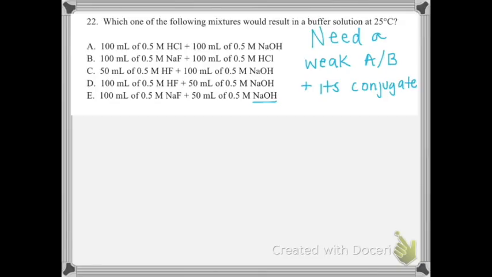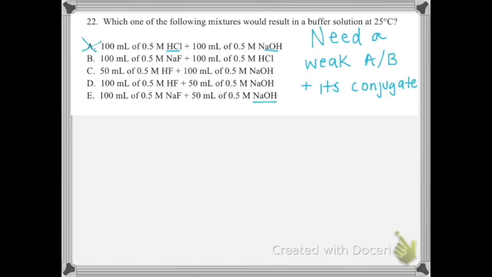For the first solution, we have HCl and NaOH. And because we've memorized all of our strong stuff, we know that these are both strong species. And so we'll never have a weak acid or base and the conjugate present. So we can get rid of those.